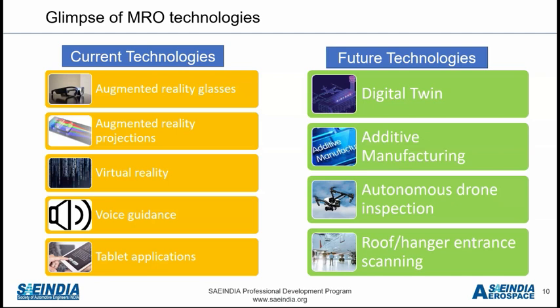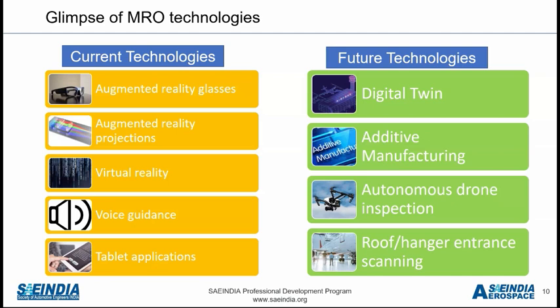Airframe repair stations are using this a lot. Not exactly using, but they are exploring this, and some of them have started using. These technologies are mostly getting used in Europe. I don't know whether Indian MRO facilities are going to be adopting this technology, but Singapore MRO facilities have started doing some of these things.